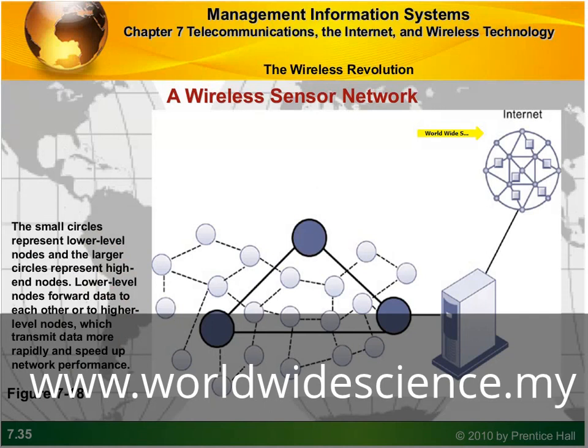The small circle here in this illustration represents lower level nodes, and the larger circle represents high-end nodes. Lower level nodes forward data to each other or to the higher level nodes, which transmit data more rapidly and speed up network performance.